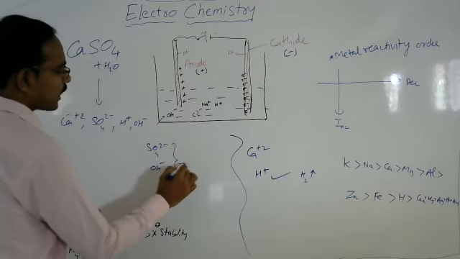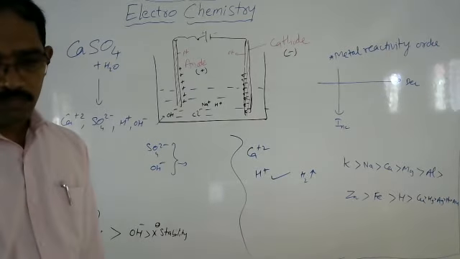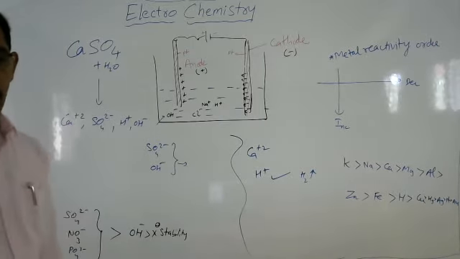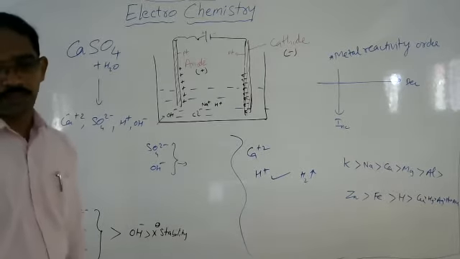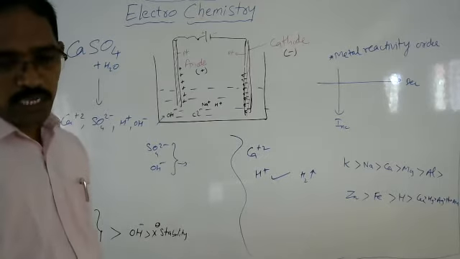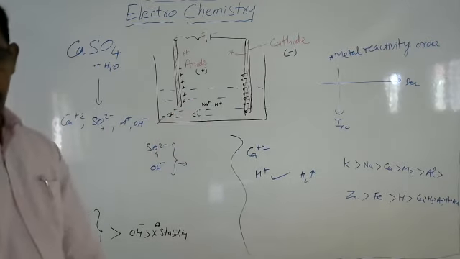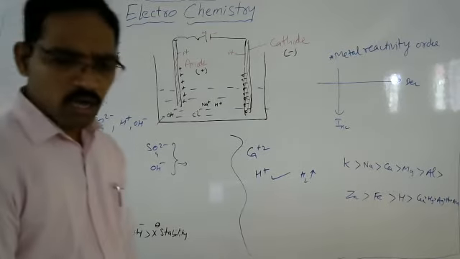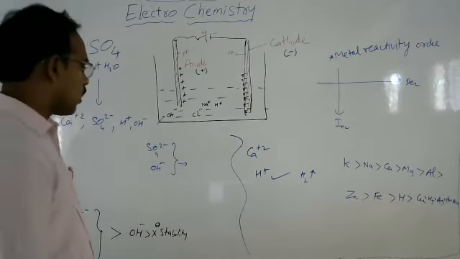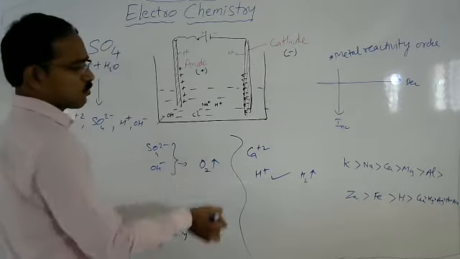At the anode, oxidation occurs. What will it liberate? Generally, whenever water is there, so much H2O is already there, no need to write H2O. Oxygen is liberated, generally oxygen gas goes upward.